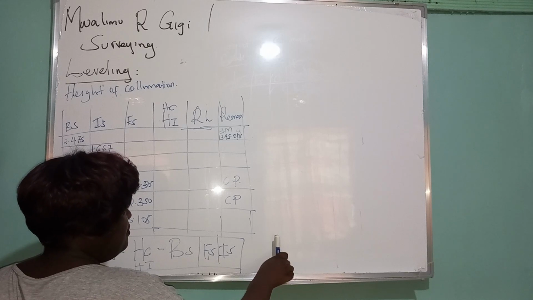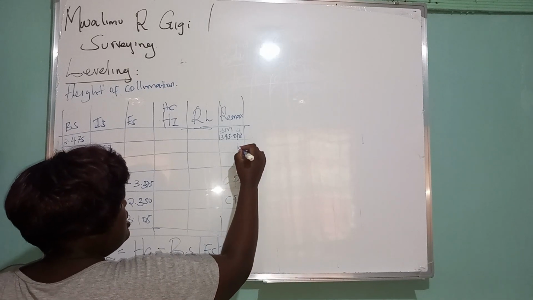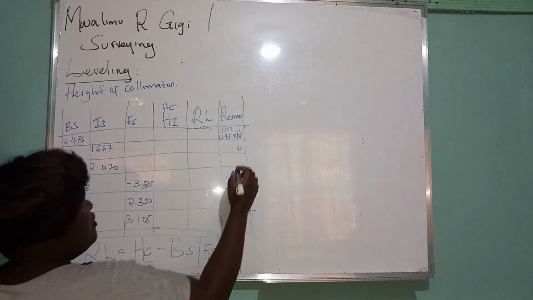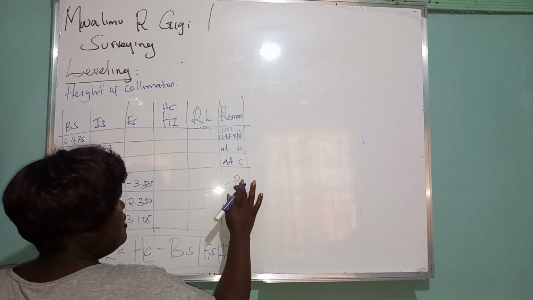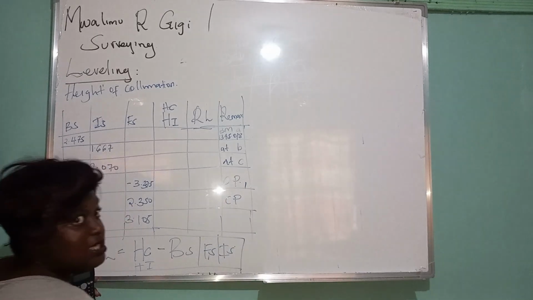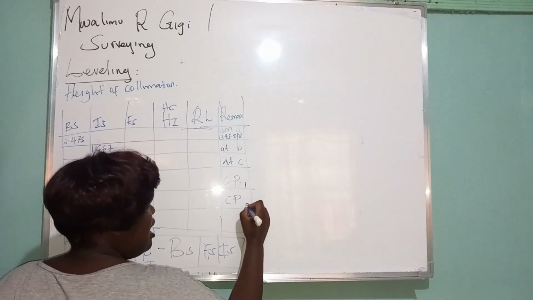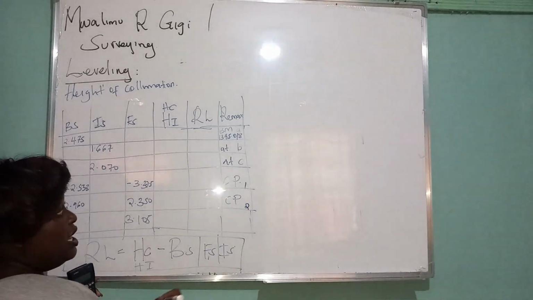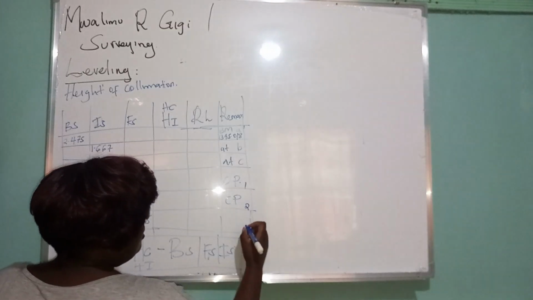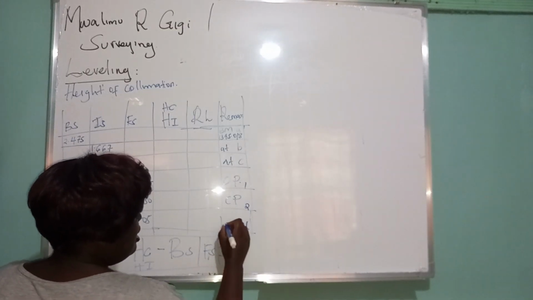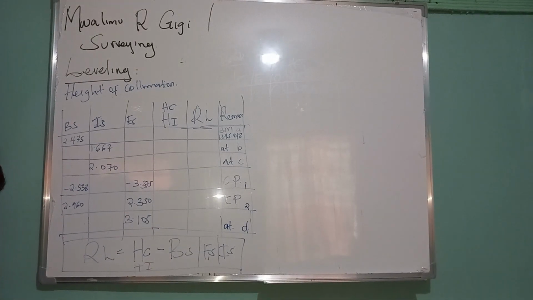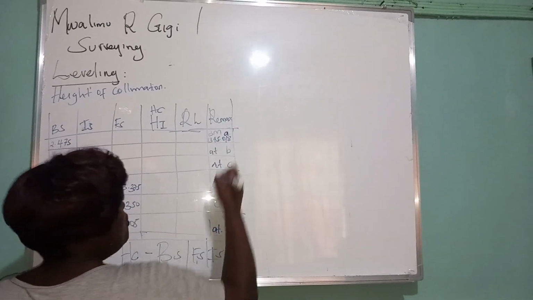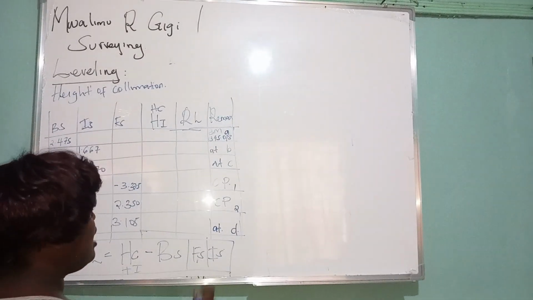Point A is the benchmark. Then point B, then point C, at CP1, that's the first change point. Then we have change point 2, then point D.